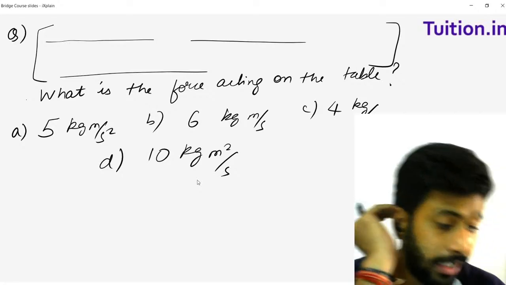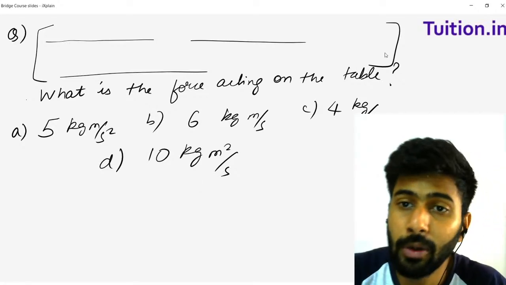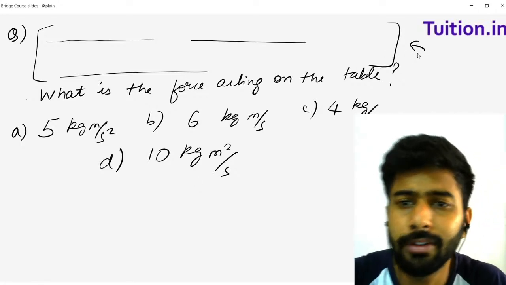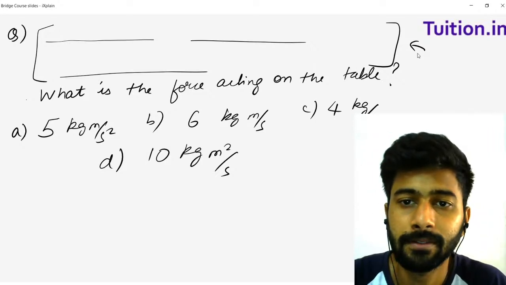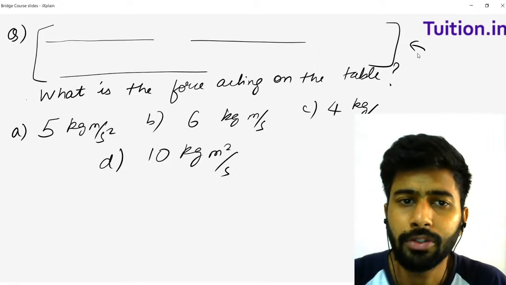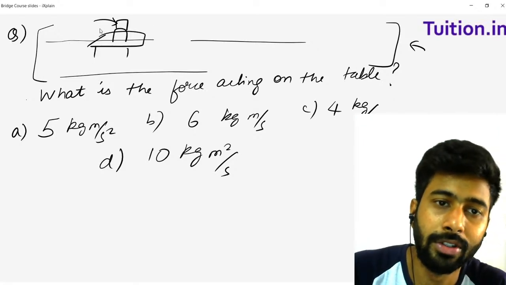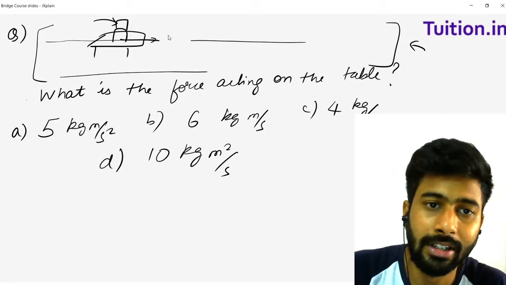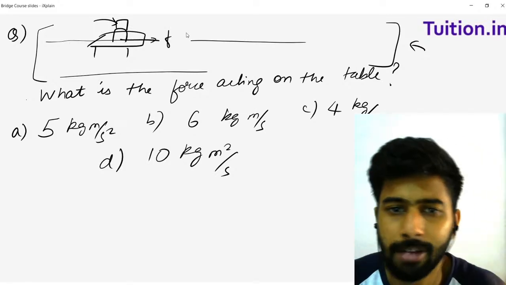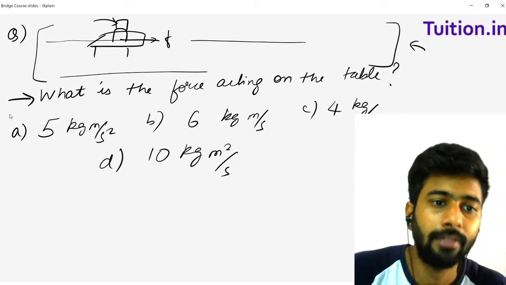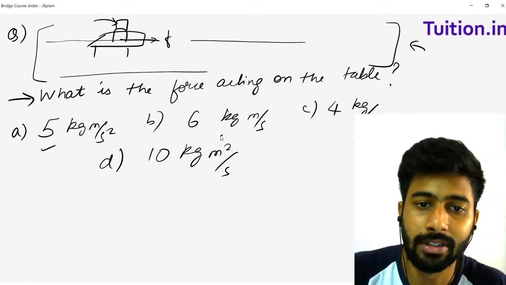Now, without putting any brain, without even looking at this information, is it possible for me to choose this answer? Some diagram is given, some table is given, some block is there, one more block is there, you're applying some force from here, there is some friction here, any random thing can be given, but the point is, finally they are asking this, and these are the options.